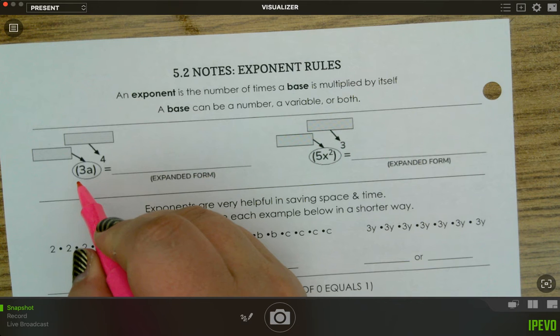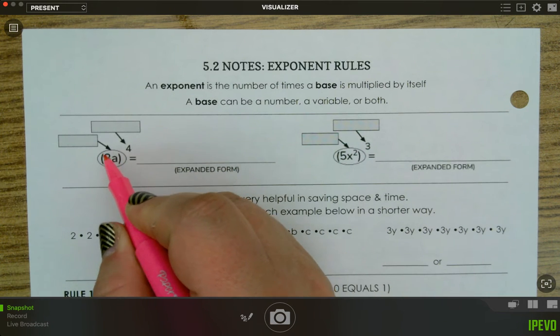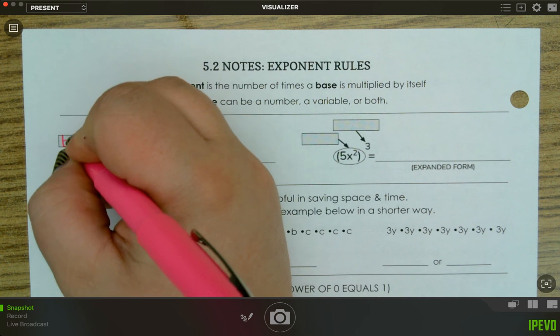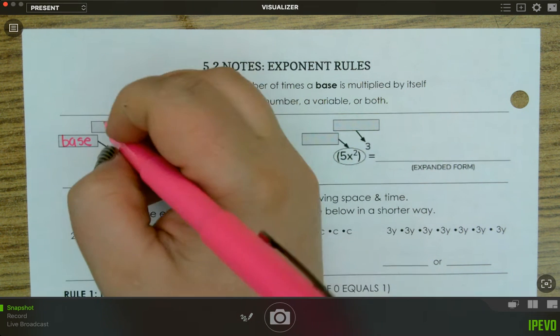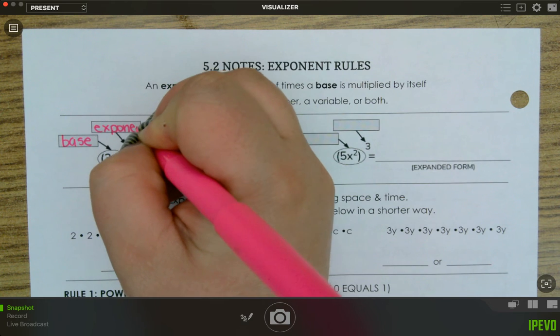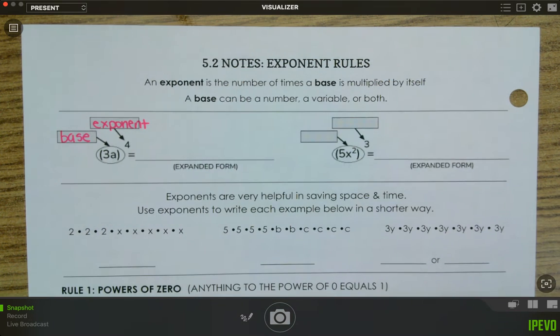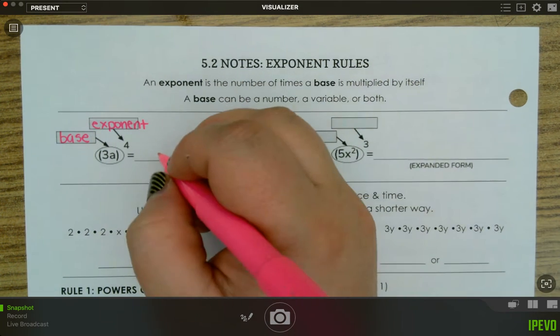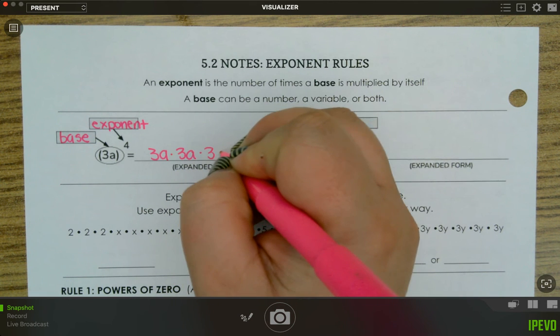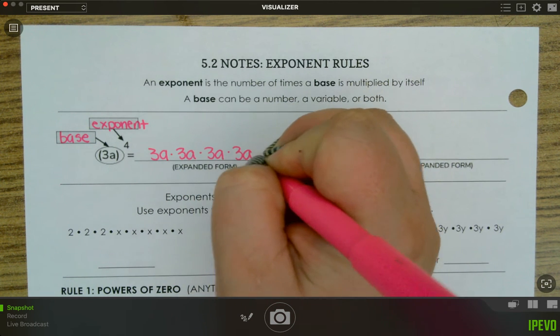So, for example, over here we have an example of both 3 and a, the regular size ones, that is the base. The exponent is the 4, and that means that you're going to take 3a times itself 4 times, like this.